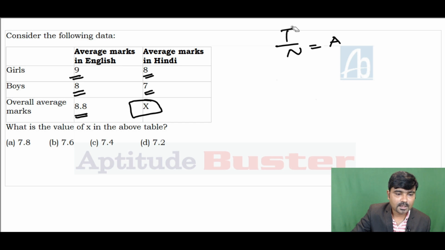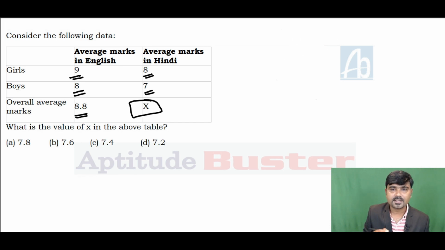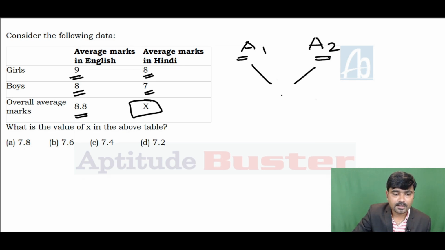Okay, before solving this, I am going to give you the simple allegation method. Once we know A1 and A2, what is A1, A2? Average of a particular thing, average of the other thing. If the overall average A of A1 and A2 is given, we can find out the ratio of the number of values. That is N1. What's N1?